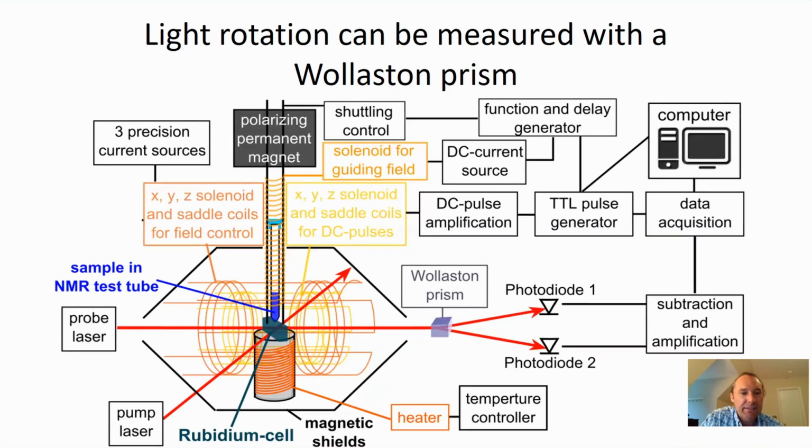The probe laser, on the other hand, is slightly off resonance, and the reason for that is so that it doesn't cause any pumping, but it really only does probing. And also, oftentimes, it could be lower intensity. And the other big difference is that the pump laser is circularly polarized, whereas the probe laser has linear polarization.